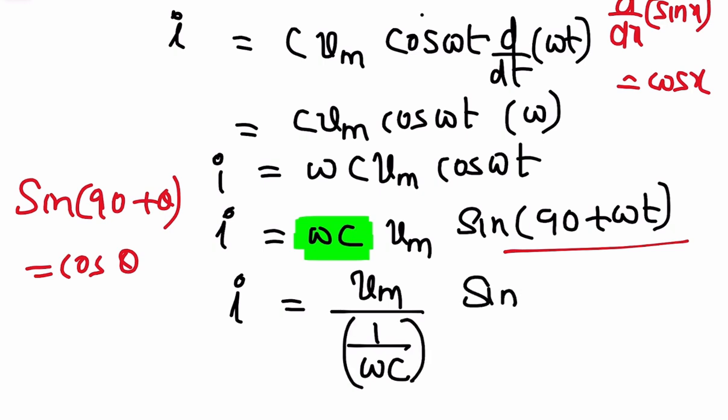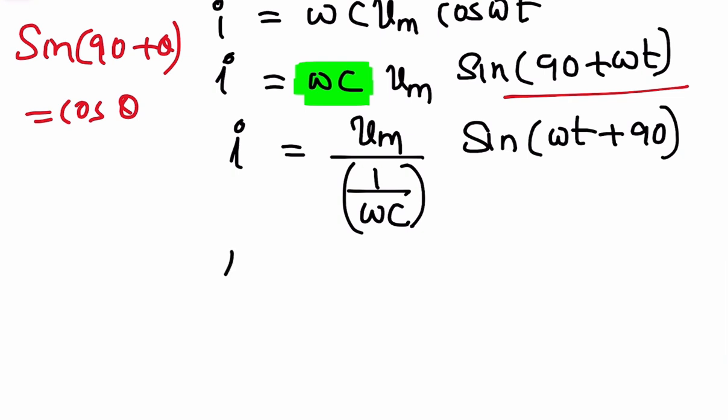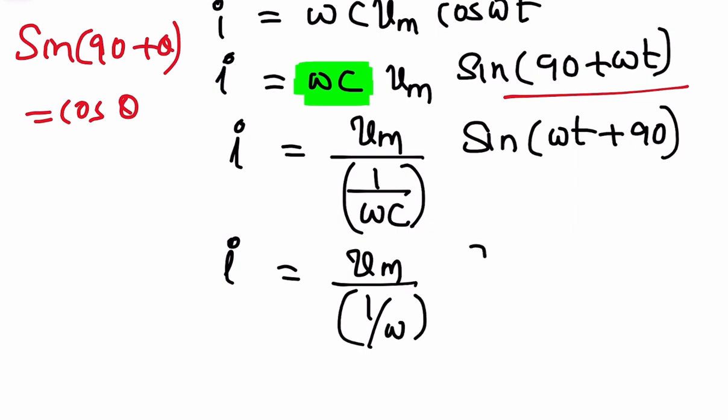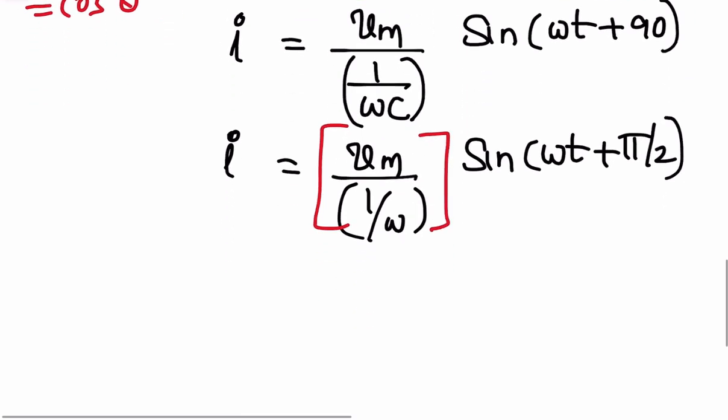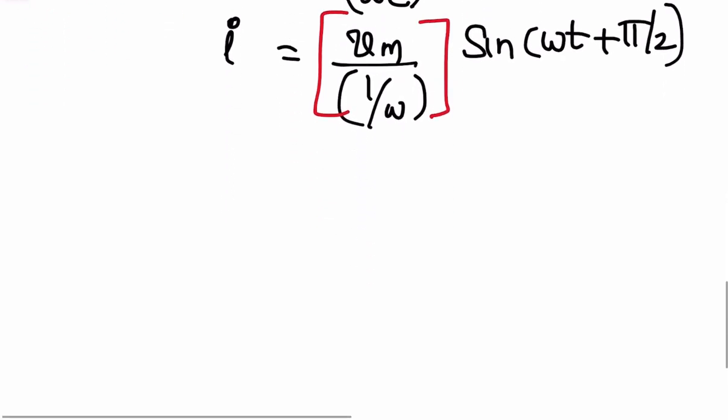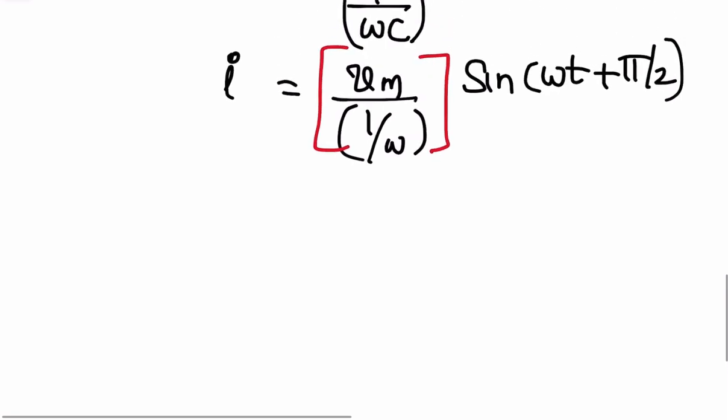So what is the next thing? I is equal to Vm divided by 1 by omega C, times sine of omega t plus pi by 2. Now, this part of the equation, which I am keeping in a red square bracket so that you can compare it with Ohm's law: V is equal to IR, therefore I is equal to V by R. Now, in the second part of the equation, what is the maximum value?